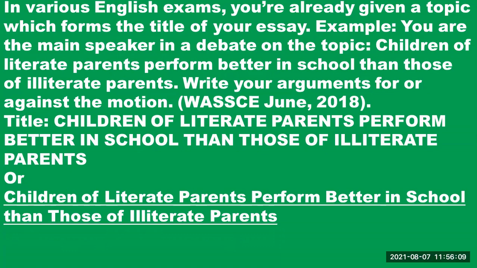Write your arguments for or against the motion. So in this case, you write your title or your topic in any of these ways. You can use capital letters, as you can see here. Children of literate parents perform better in school than those of illiterate parents. You write everything in capital letters.